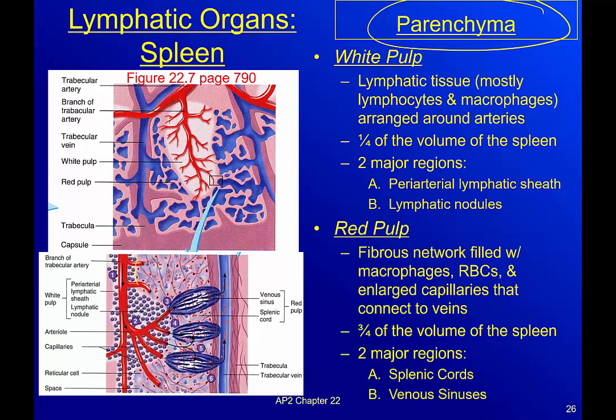The white pulp has 2 major regions, the periarterial lymphatic sheath and the lymphatic nodule, whereas the red pulp has the splenic cords and the venous sinuses. Again, red pulp out here, white pulp in here. Okay, so let's talk about those.